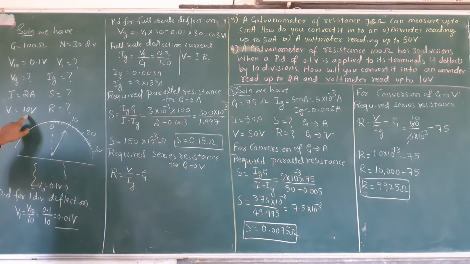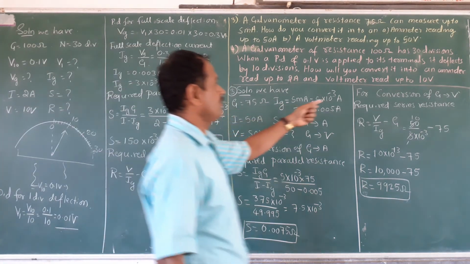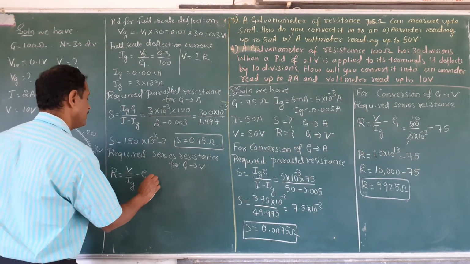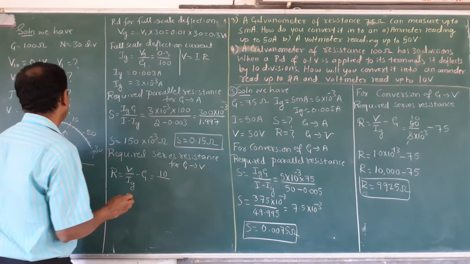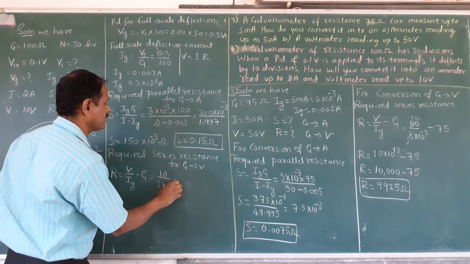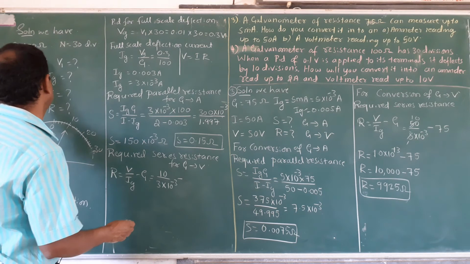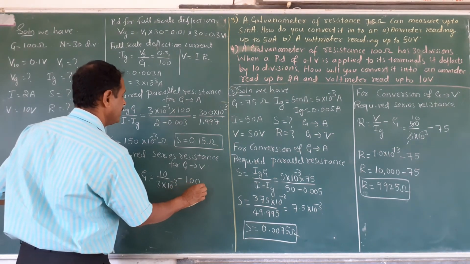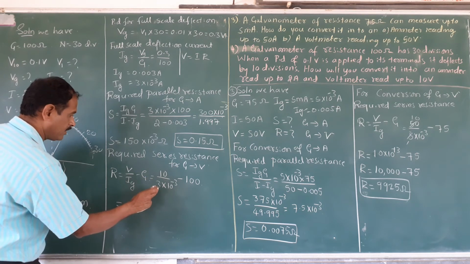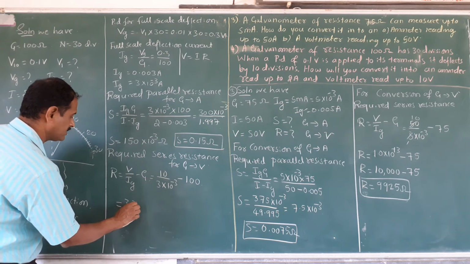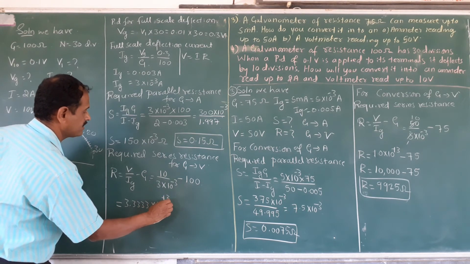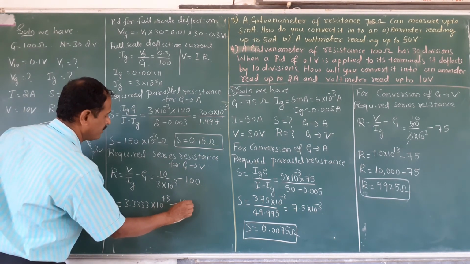For the conversion of 10 volt, you have to take 10 divided by IZ. IZ is 3 into 10 to the power of minus 3, minus G is 100. This is 10 divided by 3, which is 3.3333 into 10 to the power of 3, minus 100.